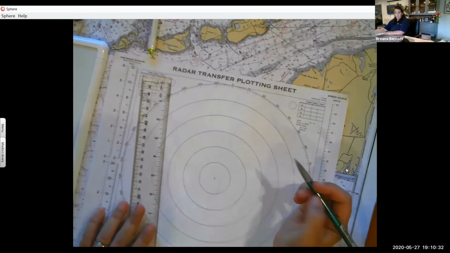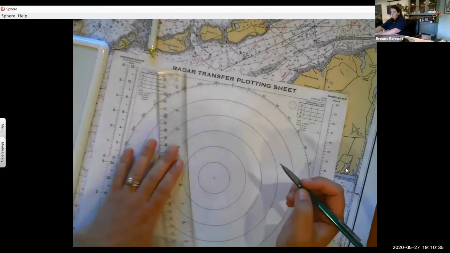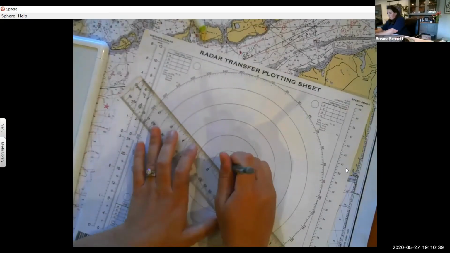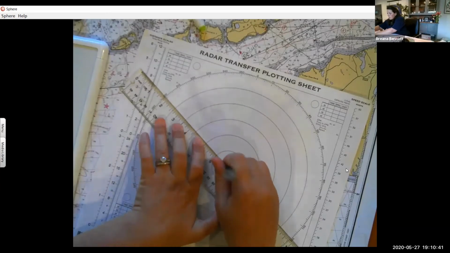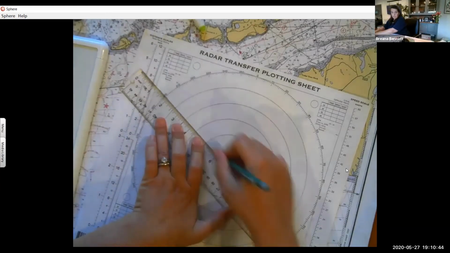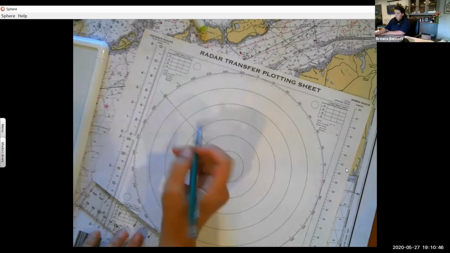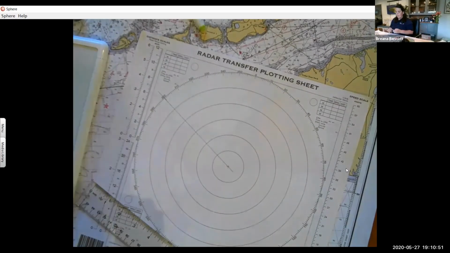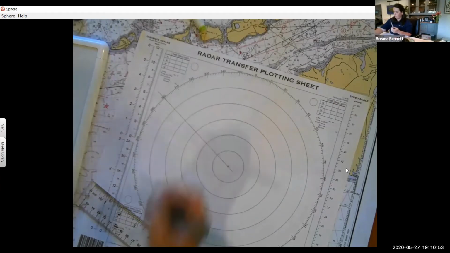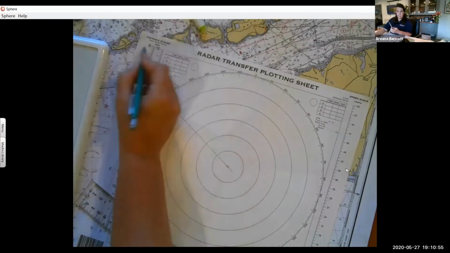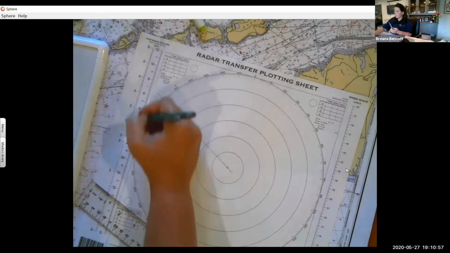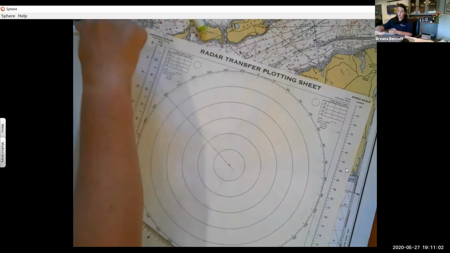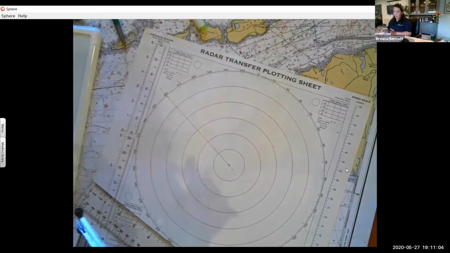So my course made good, I want to make good 300. So I start from the center and I find 300 and I draw a line. Then we can use the distance scale that says how far it is. Again, we put everything into 1 hour.